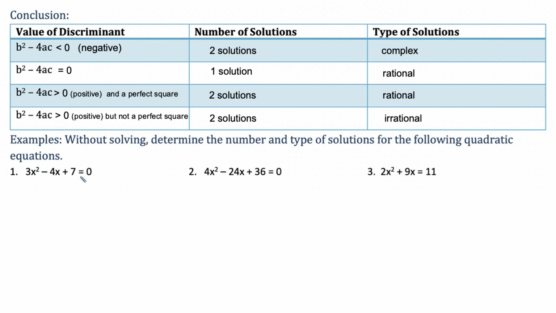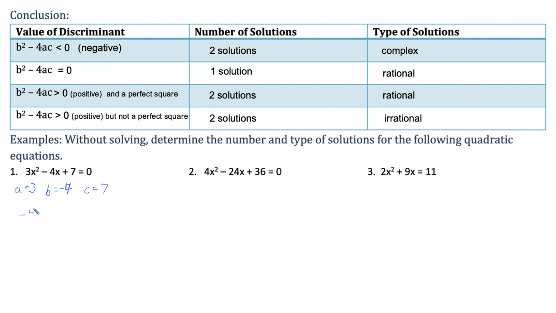Well, we have to make sure they're in quadratic equation form, which means we want our quadratic term, our linear term, and our constant term in order, and then equal to 0. We can look at this and think, okay, A is 3, B is negative 4, and C is 7. And so we can just figure out what b squared minus 4ac is.